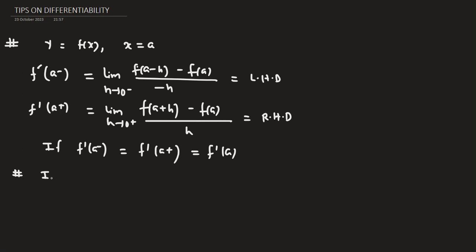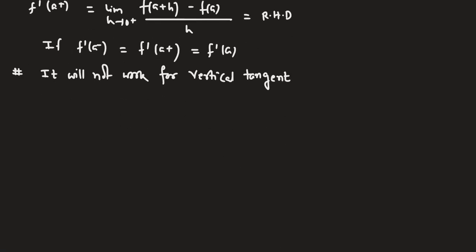So for a vertical tangent, which formula will we use to decide whether the function is differentiable or not at that point?